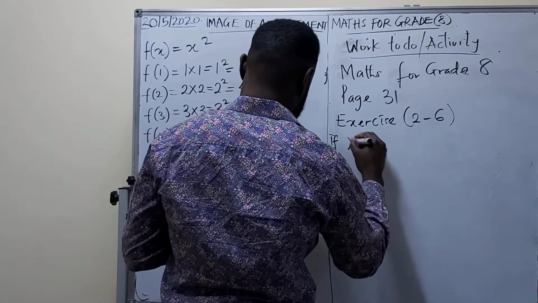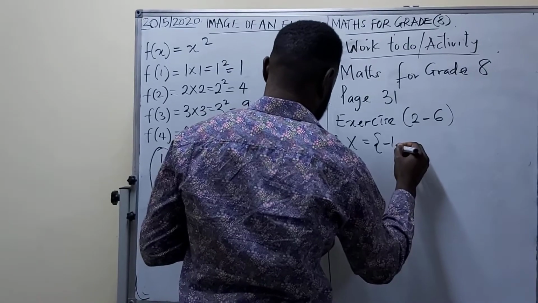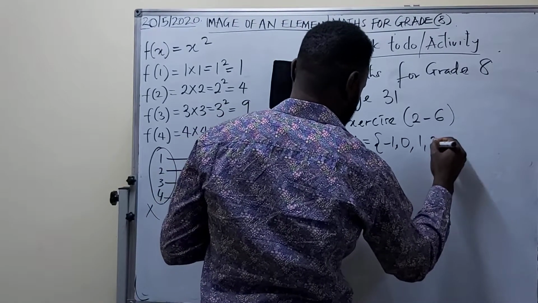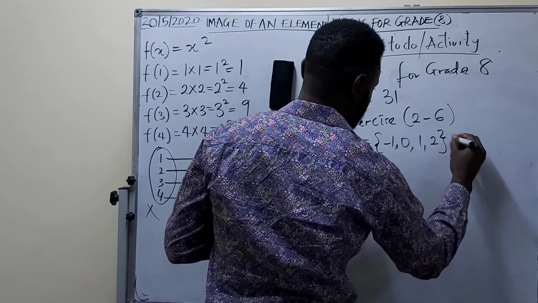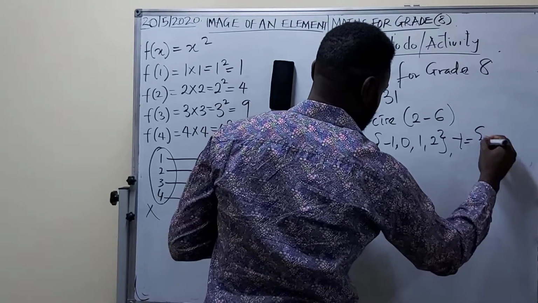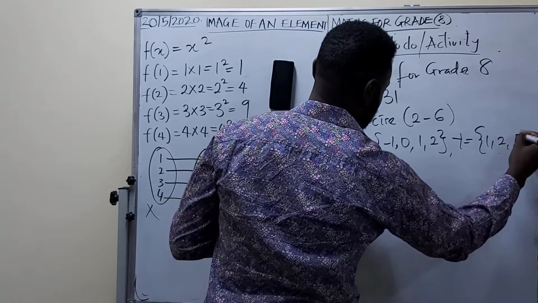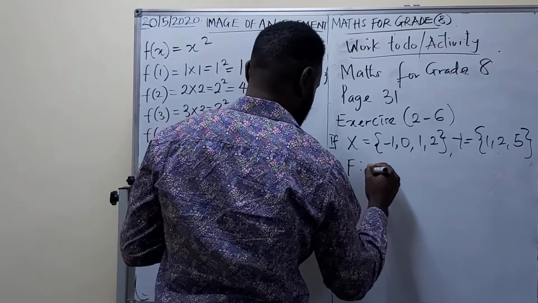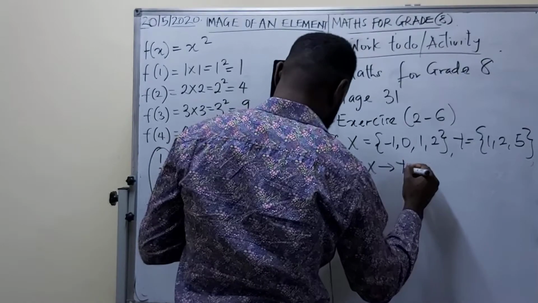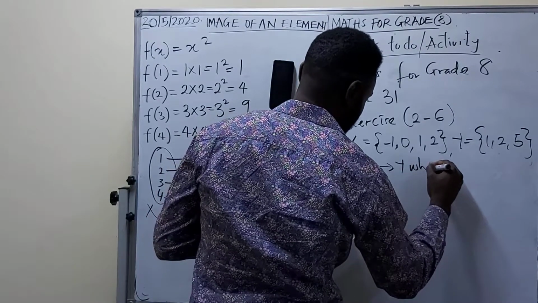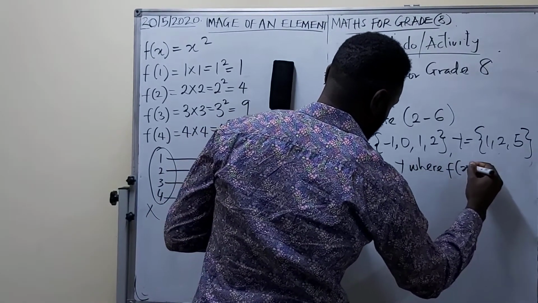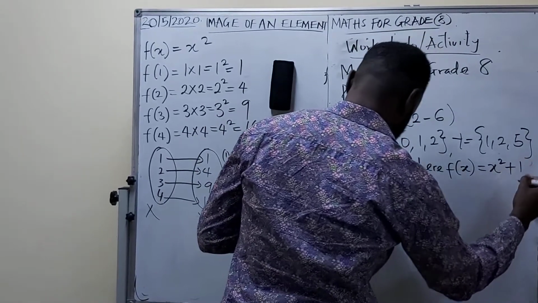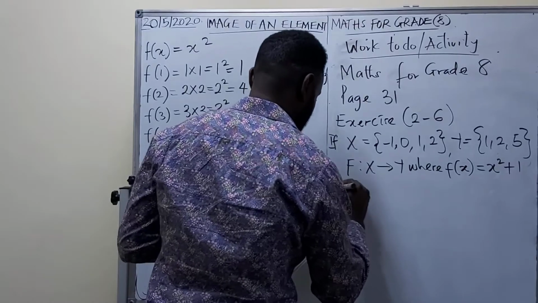If x equals -1, 0, 1, and 2, then y equals 1, 2, and 5. F such that x binds with y, where f of x equals x squared plus 1. These are the questions under it.